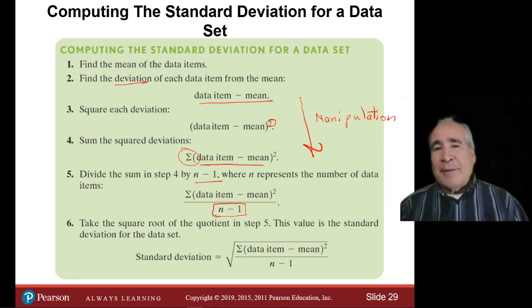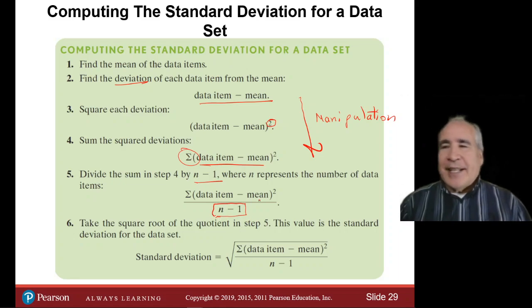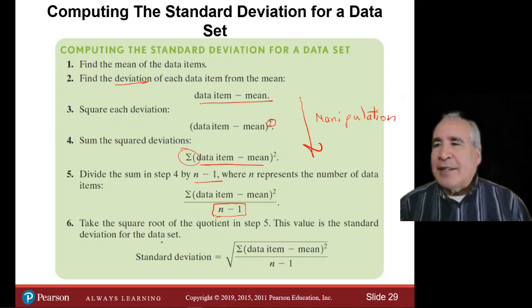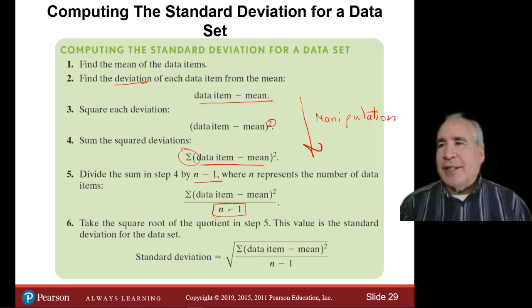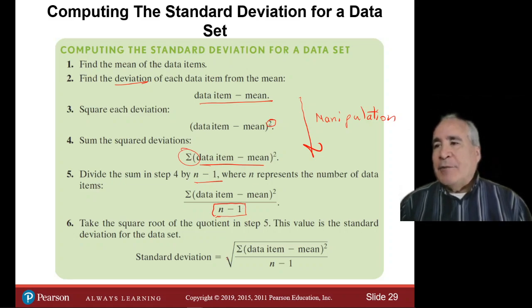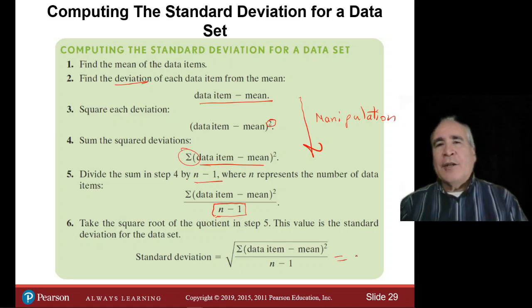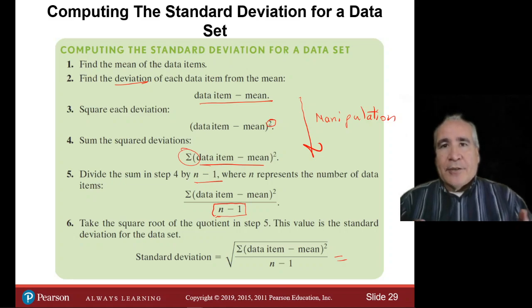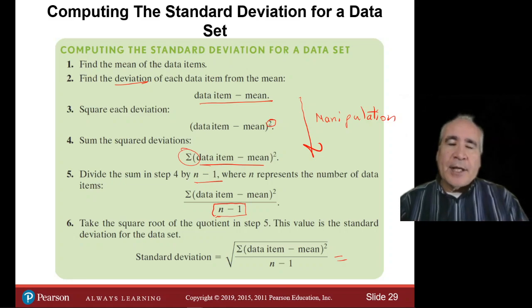It should just be dividing by n. But it's a manipulation, because the people who came up with this said, we like this number better. It's more accurate, more helpful. Then we take the square root, and all we know is that the larger that number is, the more spread there is. The smaller that number is, the less spread.